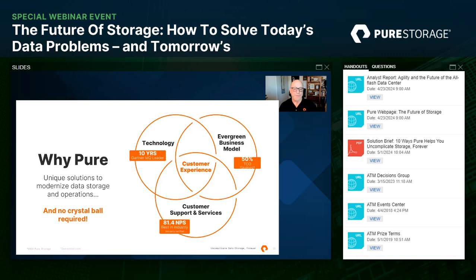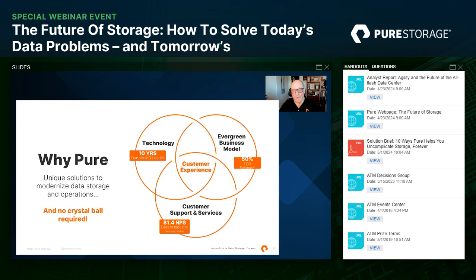But we also have the highest net promoter score. And if you're not sure what that is, that's different from customer satisfaction. It actually means you're asked a simple question: would you recommend Pure to your peers? And so many customers who use Pure would recommend it to their peers. This is actually a scale of -100 to 100.